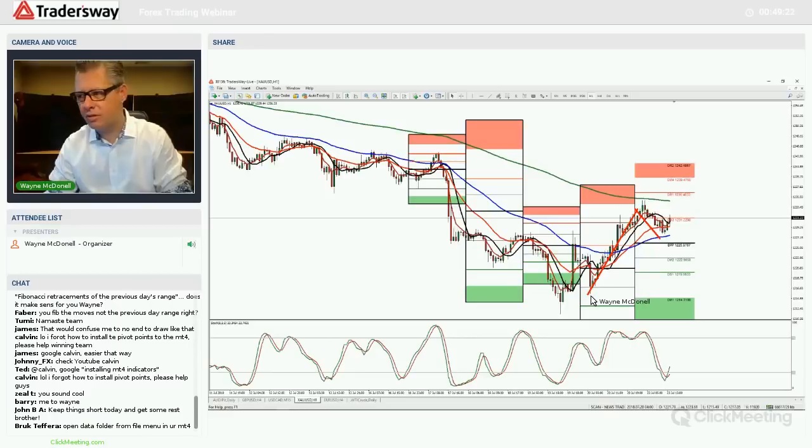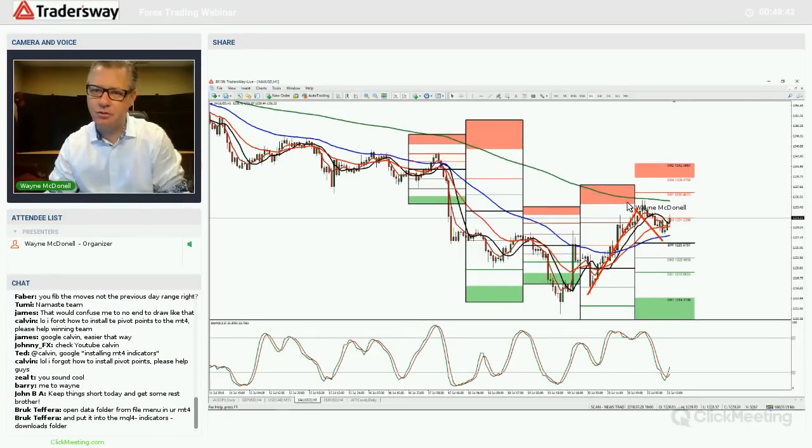So if the previous day had been up, up, up, then in the new trading day, right? In the new trading day, I tend to look for Asia to fade back against the previous day's direction. So if the previous day was up, I kind of look around the Asian for a fade, and then I buy the dip.